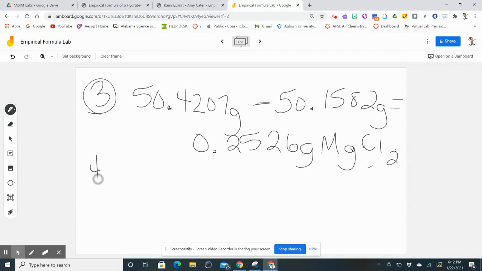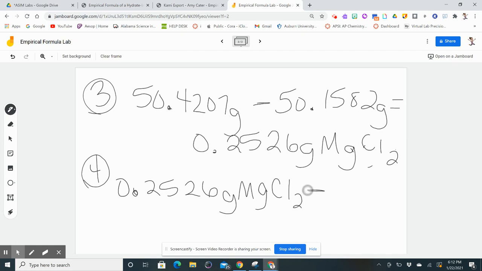So for my data, what I'm going to do is take this mass of magnesium chloride that I have right here, 0.2526, and subtract from that the mass of just the magnesium that got consumed in the reaction, which is my 0.0669.